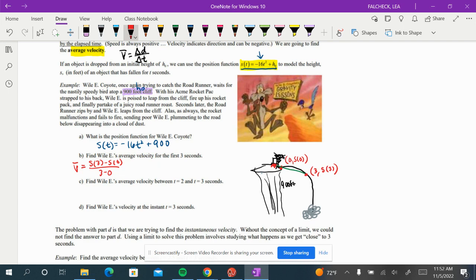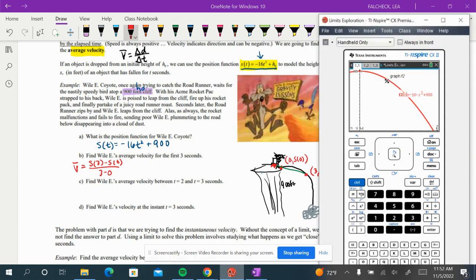It's just slope, right? So if you want to go ahead and look at your graph, pull up a table, and find the bottom of the time interval and the height at that time, then the top of your time interval and the height at that time, you could just substitute those into the formula.